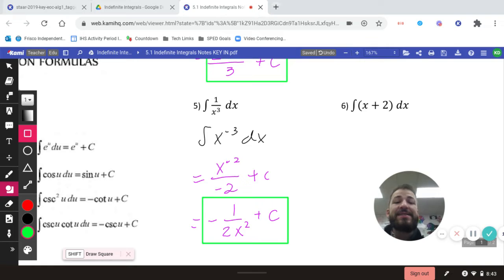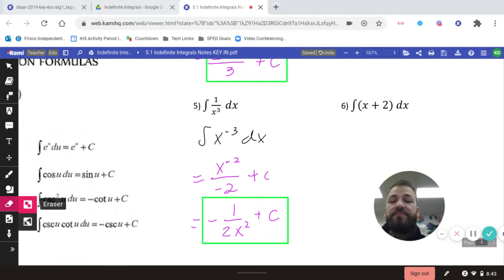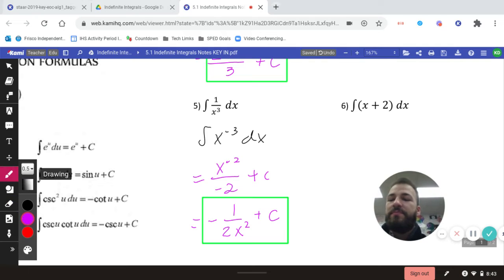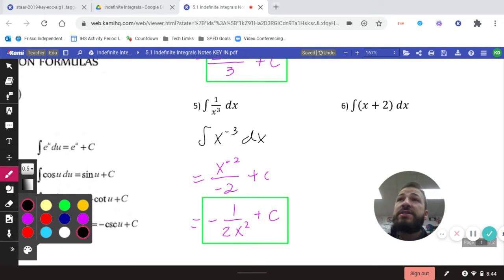All right, and then 6, the integral of x plus 2 dx. So I could just integrate this, but just to keep with it, these are our basic integrals, same as our basic derivatives, I want you to see all these rules in action. So with the addition sign in the middle, I can split it up into 2 separate integrals. This is the same as the integral of x dx plus the integral of 2 dx.